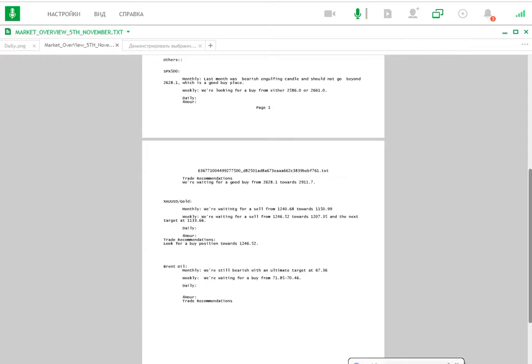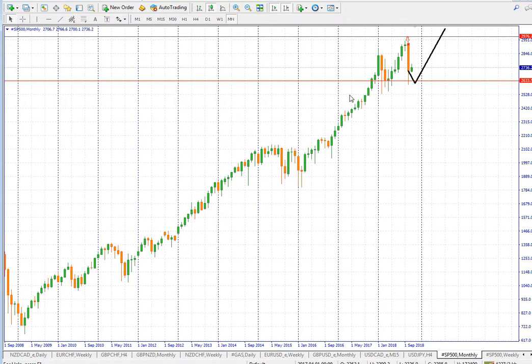We said the price should come down, then retrace upward, something like this.